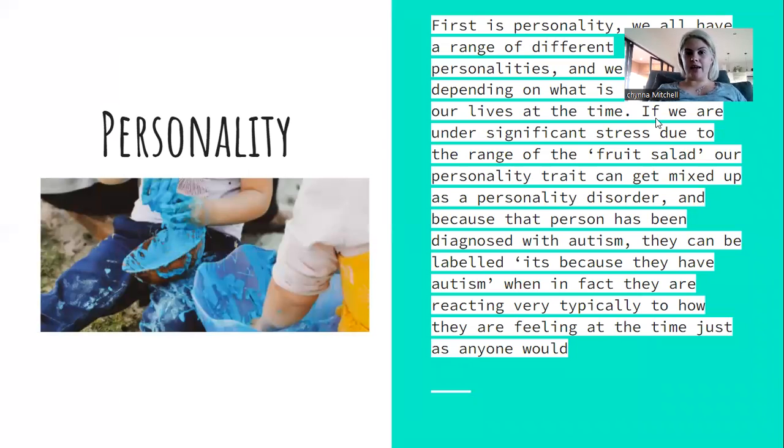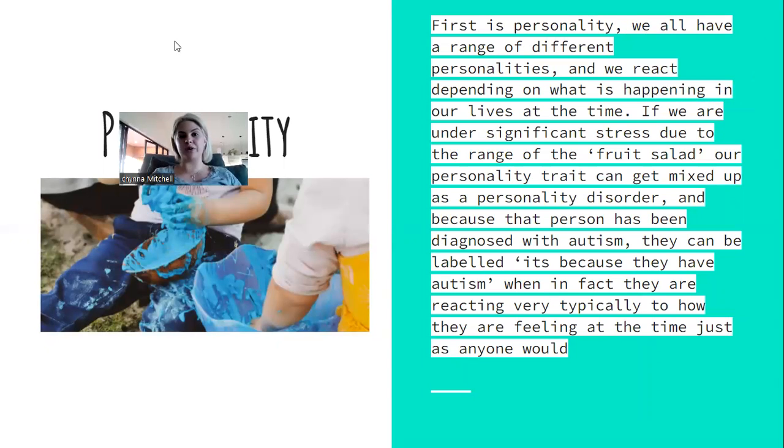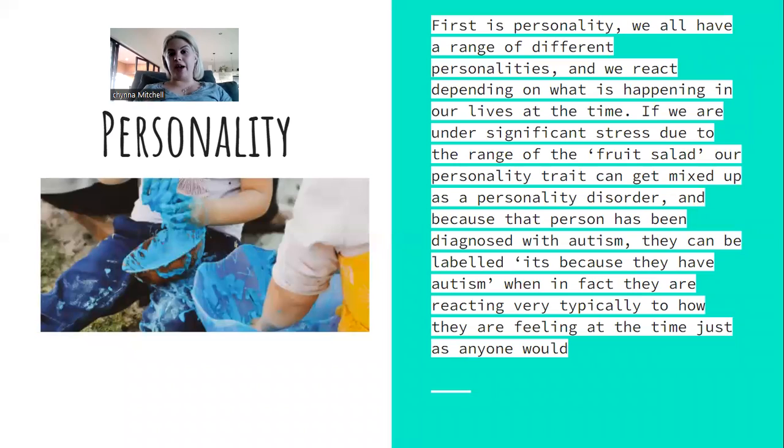So personality, we all have a range of personalities, and we react depending on what is happening in our lives at the time. If we are under significant stress due to a range of the fruit salad, our personality trait can get mixed up as a personality disorder. And because that person has autism, that can be labeled as it's because that kid has autism.